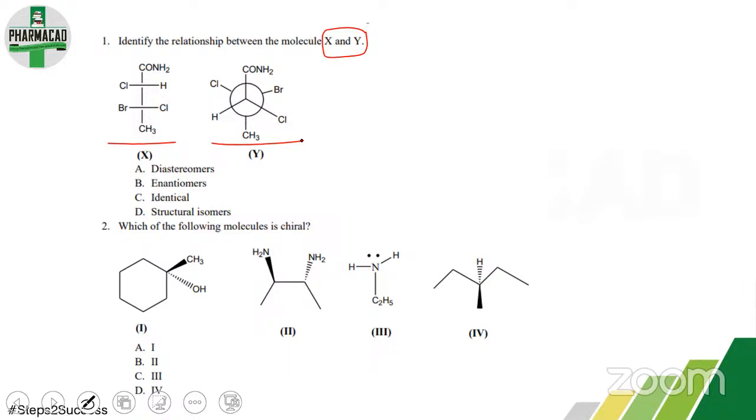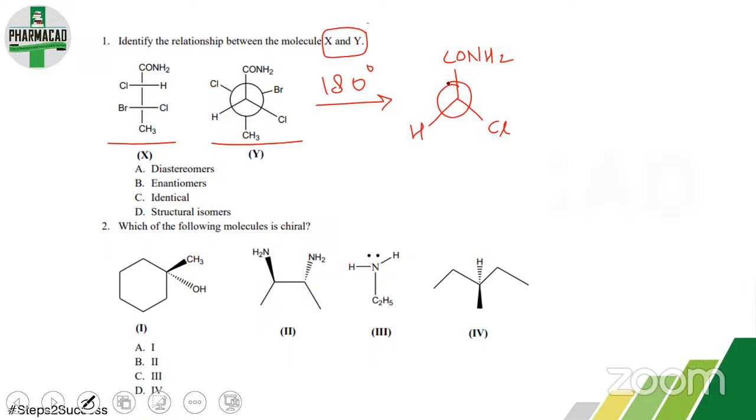So when we will rotate this into 180 degree, okay, so how we will get the structure? So the CONH2 with this hydrogen, with this chlorine will remain as it is. Okay.